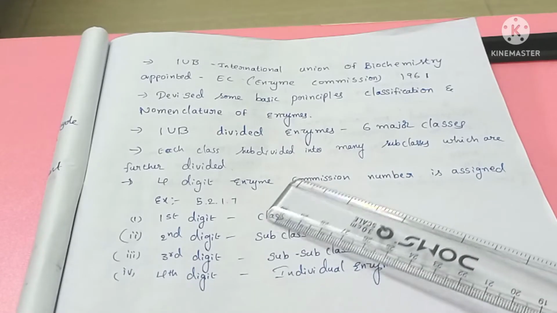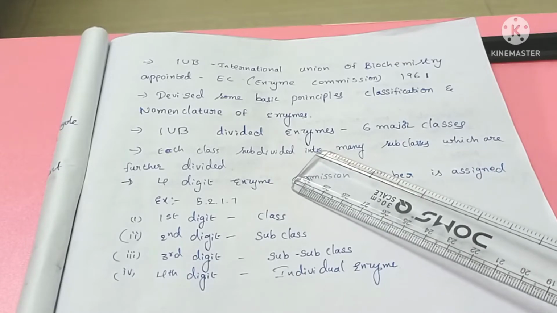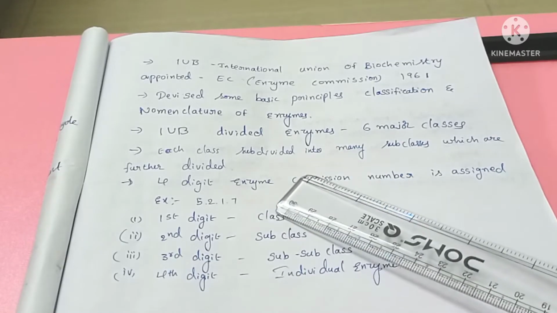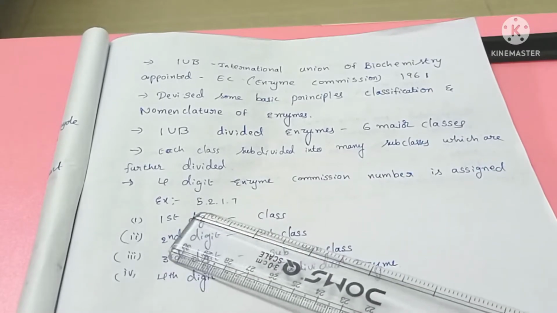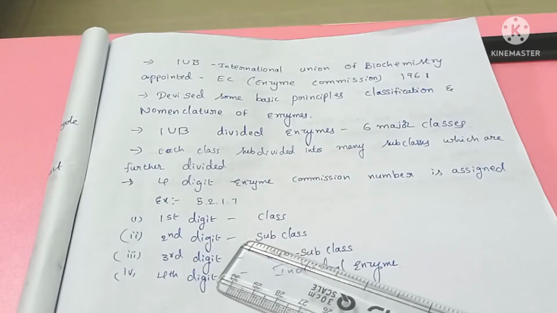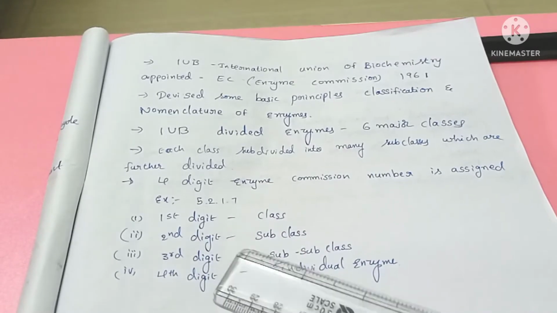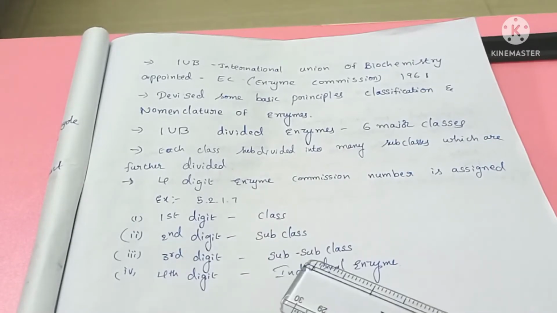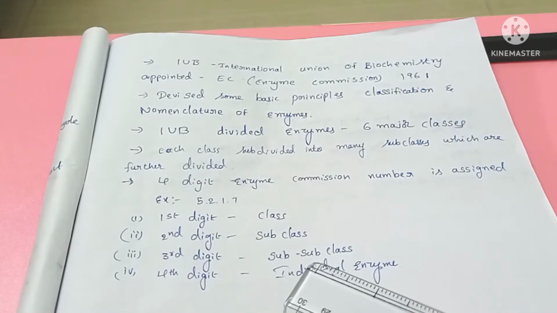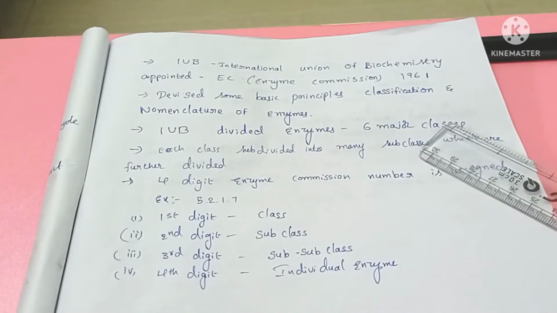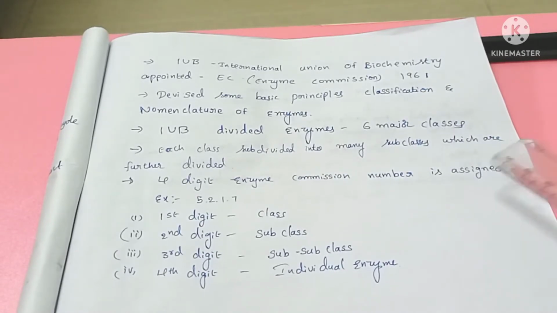For example, 5.2.1.7 is one Enzyme Commission number. The first digit 5 denotes the class of enzyme, the second digit 2 denotes the subclass, the third digit 1 denotes the sub-subclass, and finally 7 denotes the individual enzyme. This is about the nomenclature of enzymes, and now we'll see the classification of enzymes.